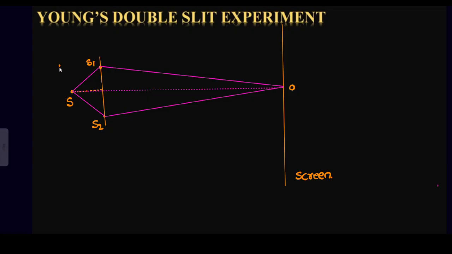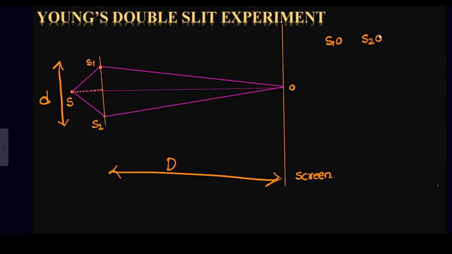S1 to S2, we have the distance, we call it small d, and this distance we call capital D. Now look here. The S1 to O distance and the S2 to O distance, are these two same or different?